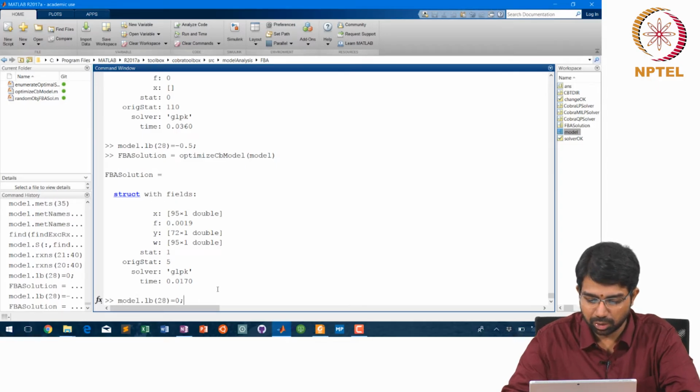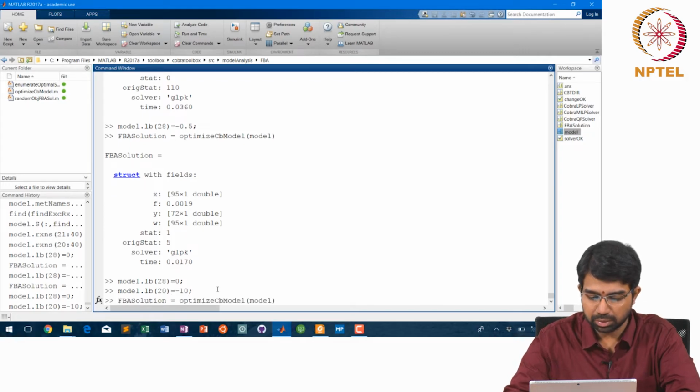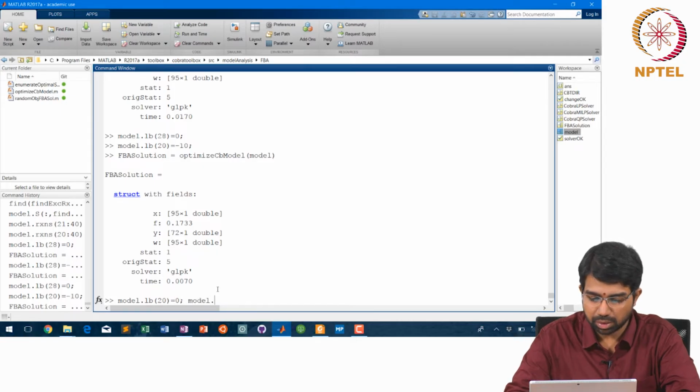But let's remove glucose and add acetate. We find that the growth is 0.1733, whereas the growth on glucose was 0.8739, right. We can check that again: model.lb(28) = -10, FBAsolution = optimizeCbModel(model).